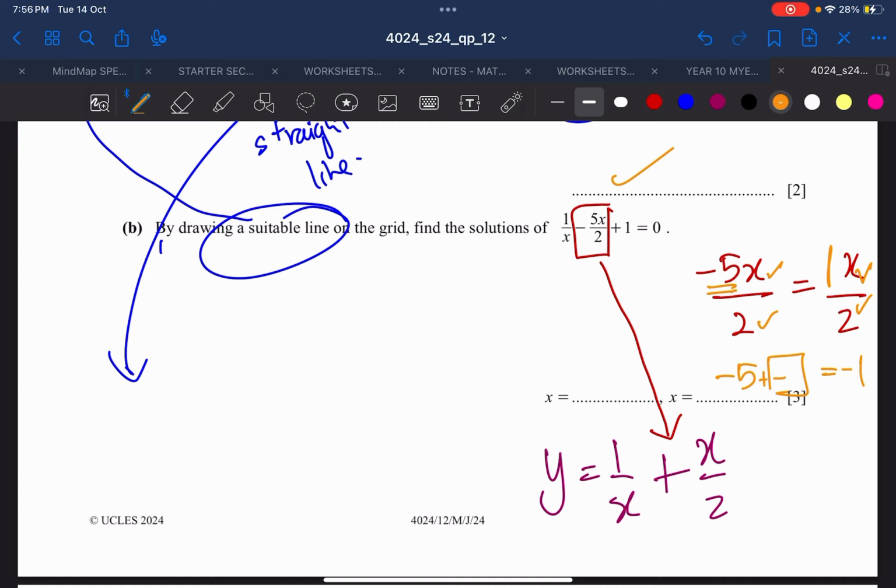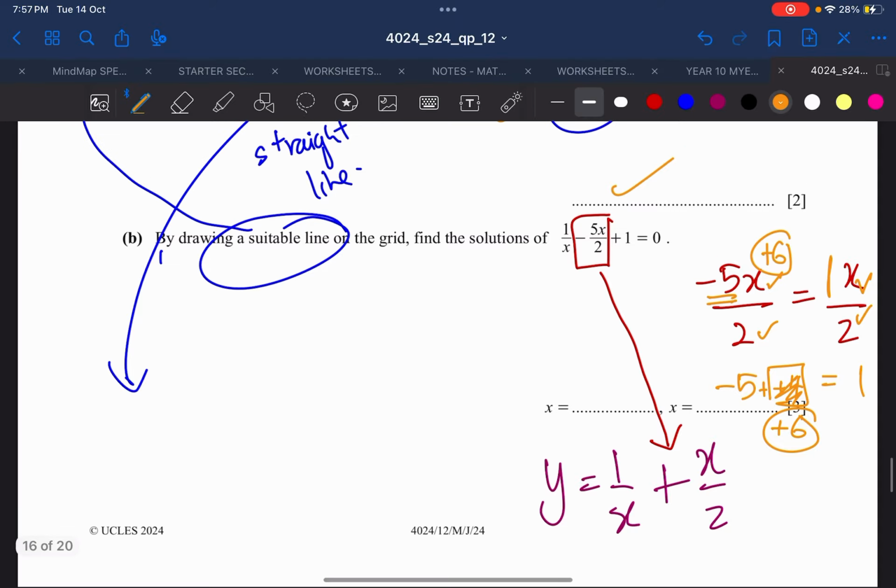Wrong. Plus 4. Plus 4 should give me negative 1. But in this case it is not negative, it gives positive x, so positive 1. So we fill in positive 6. What is missing? Positive 6. So we must add positive 6 to get this one.